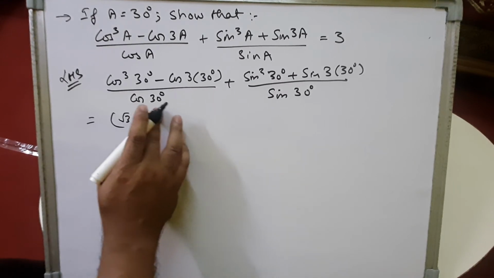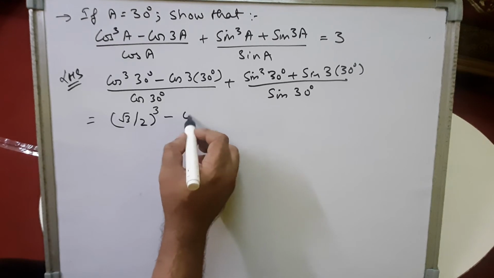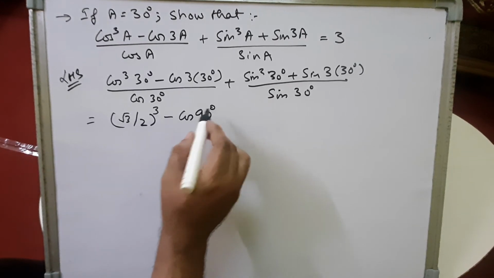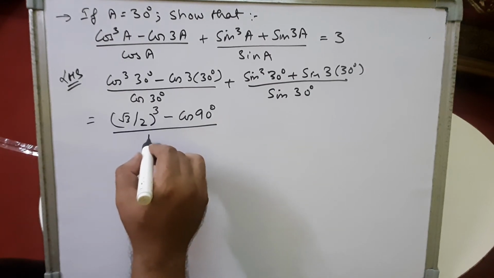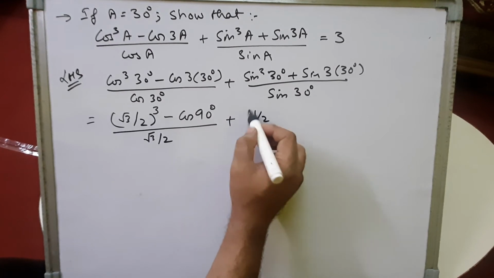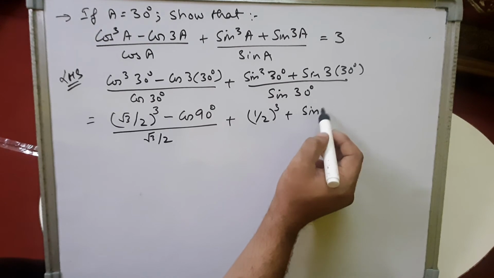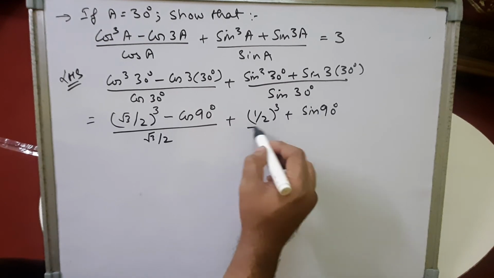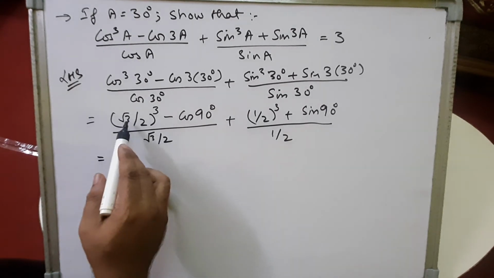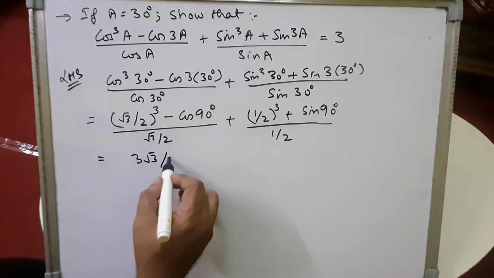(Root 3 by 2) cube minus cos of 3 into 30, which is 90, and the value of cos 90 is 0. Cos 30 is again root 3 by 2, plus sin 30 is 1 by 2, so it will be (1 by 2) cube. Sin 3 into 30 will be sin 90, and the value of sin 30 is again 1 by 2. When we do the cube of root 3, it will become 3 root 3 upon 8.